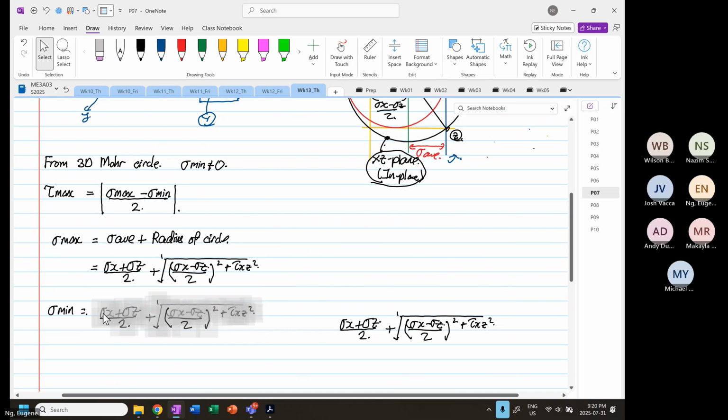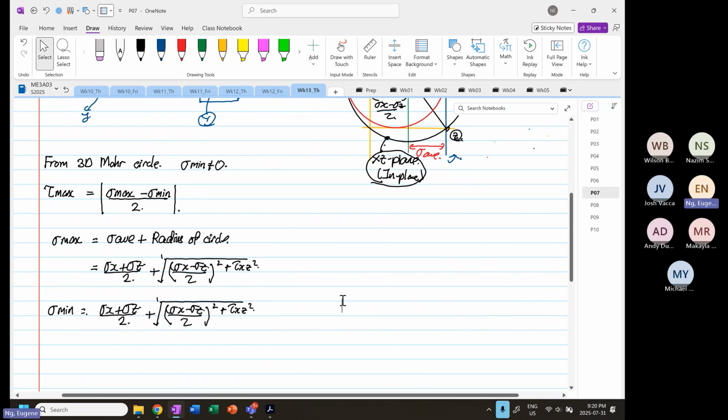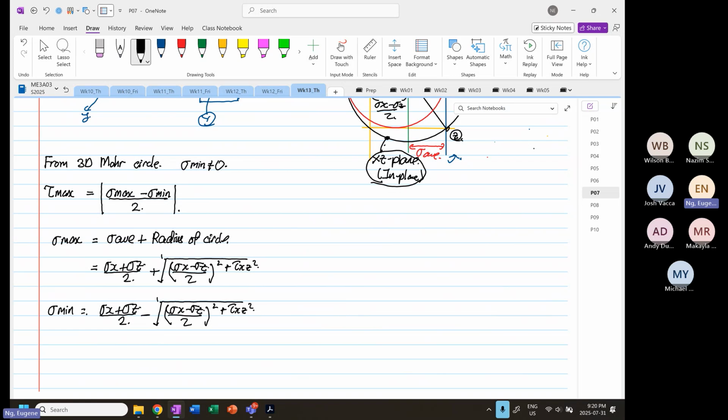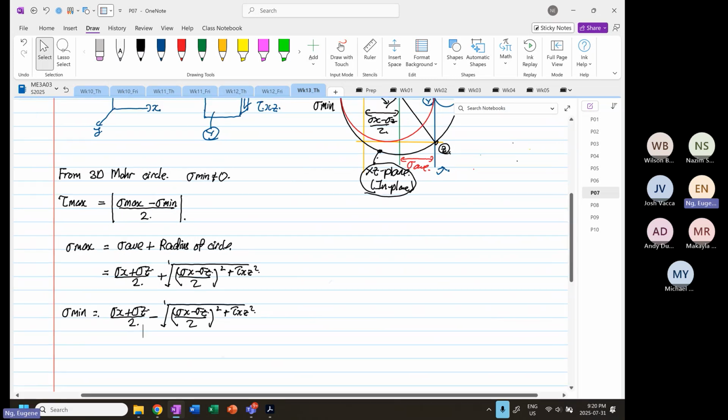And then rather than plus, you just make sure that this is equal to what? Minus. Okay. So now you can put all your values in.